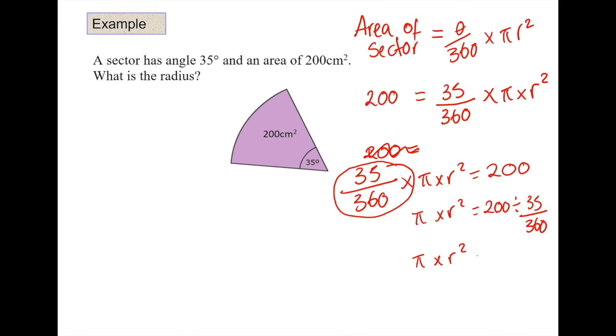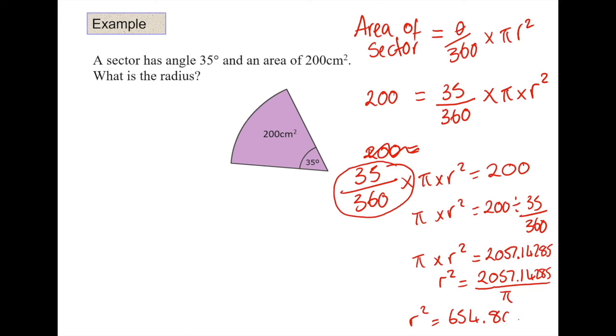Typing that into your calculator, you will get 2057.14285. Then, to have r squared on its own, we will divide that by pi. That will give us r squared equal to 654.808987.